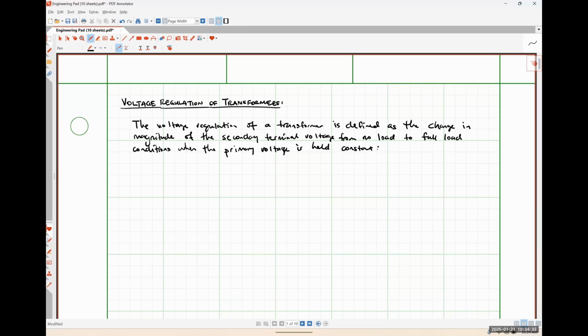Okay. So mathematically, this is going to be expressed as a percentage. So we will say that the percent VR, so the percent voltage regulation, is going to be the magnitude of our secondary terminal voltage under no load conditions minus the magnitude of our secondary terminal voltage under full load conditions, all over the magnitude of our secondary terminal voltage under full load conditions times 100%.